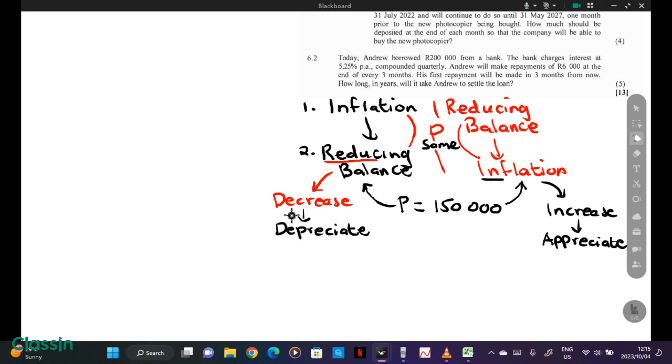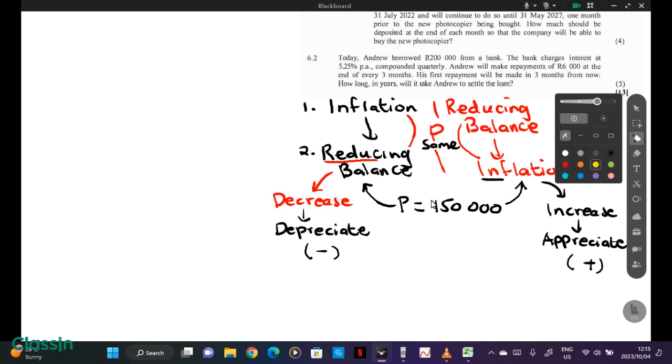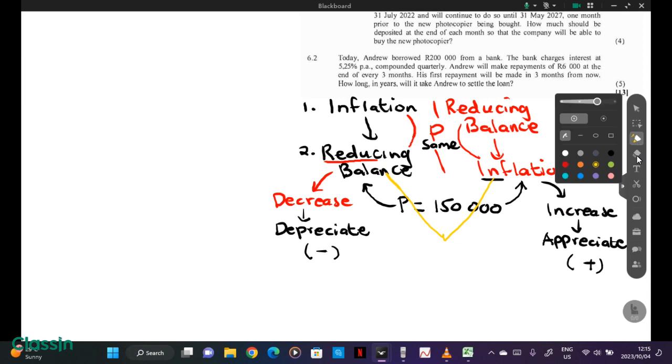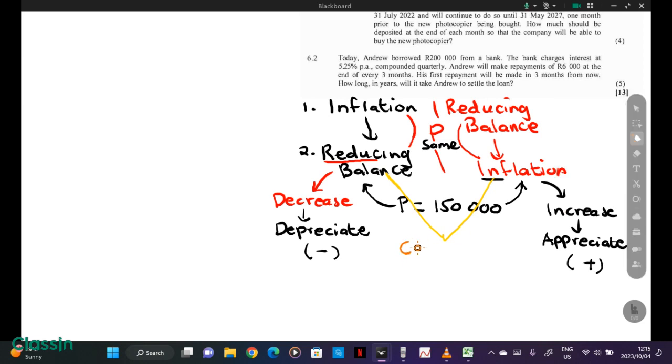When the value of money depreciates, the formula is negative, and when the value of money is appreciating, our formula is positive. But because we are dealing with reducing balance and inflation, what are these two terms?